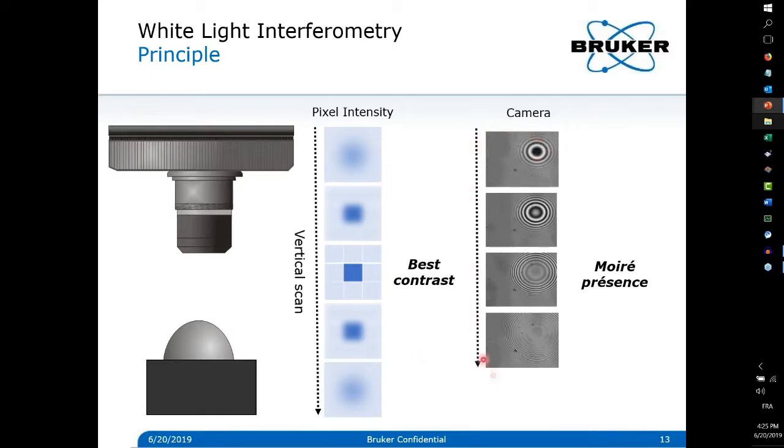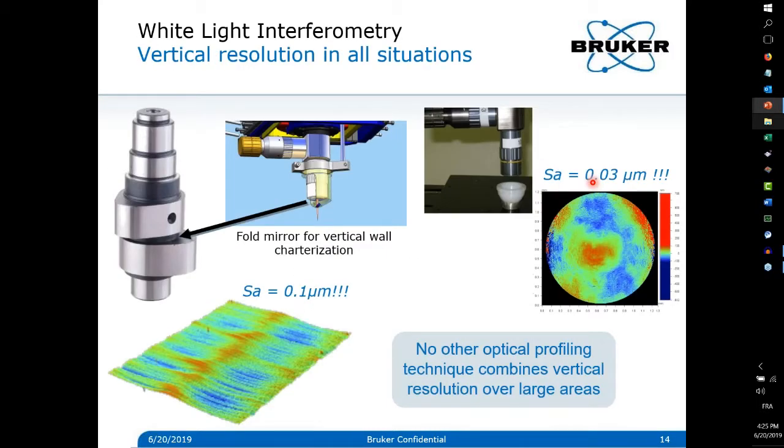However, by using these fringes, we gain extra capabilities. For the white light interferometry technique, we are fully independent from the objective regarding vertical resolution, and this has a clear impact on how we measure.